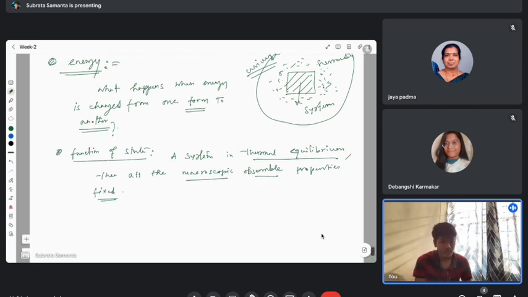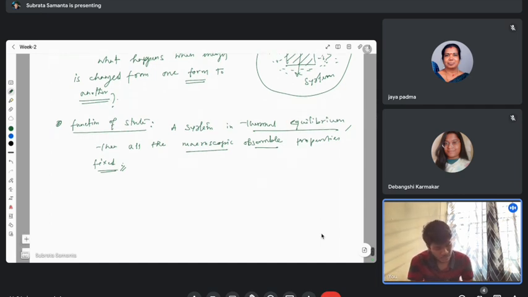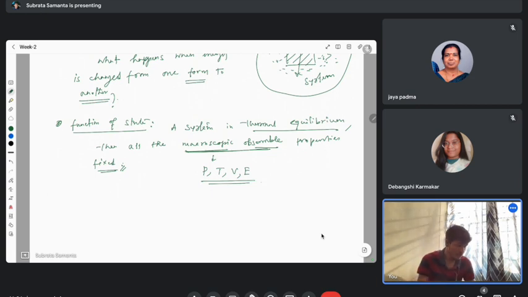We are not interested in how they got this value, only in the final values. So the macroscopic observable properties are fixed. What are the macroscopic observables? Pressure, temperature, volume, energy. These properties are the functions of state.